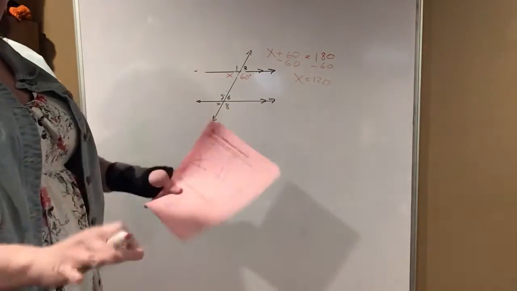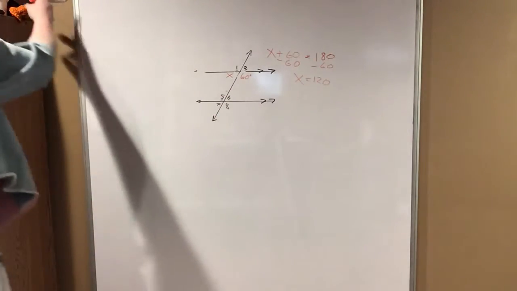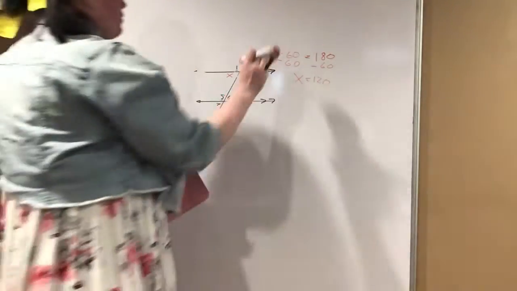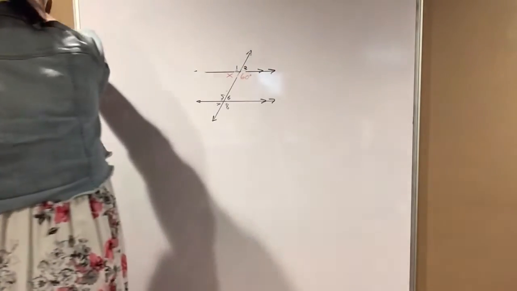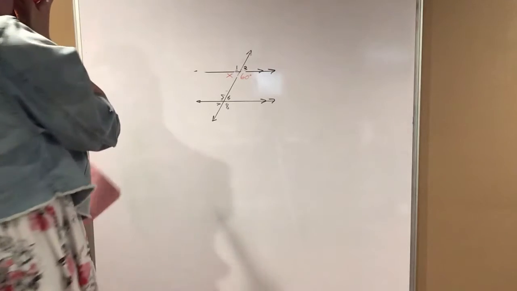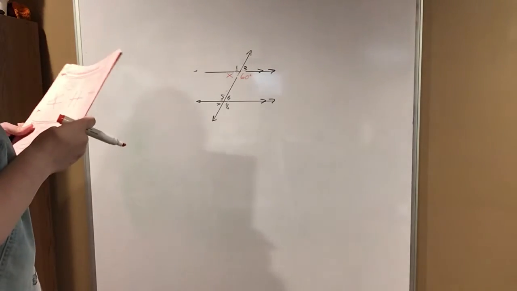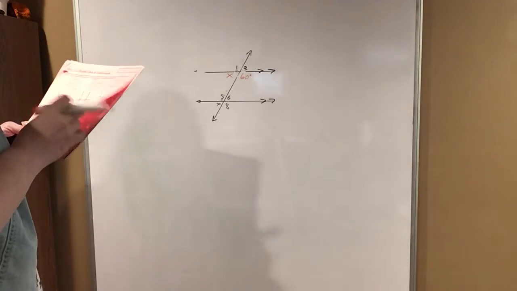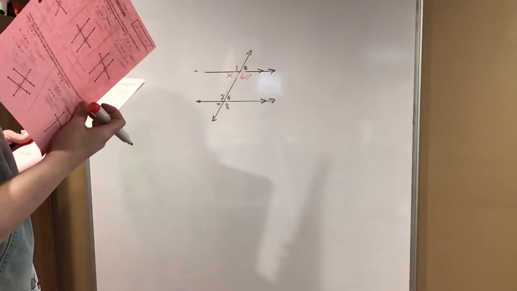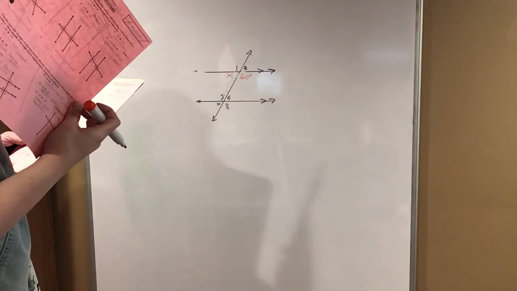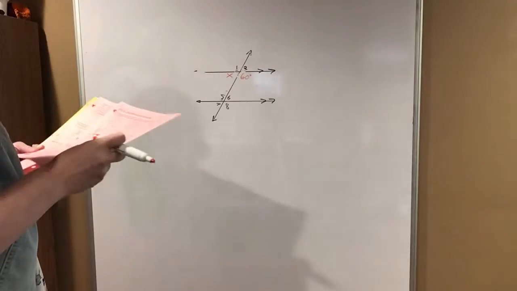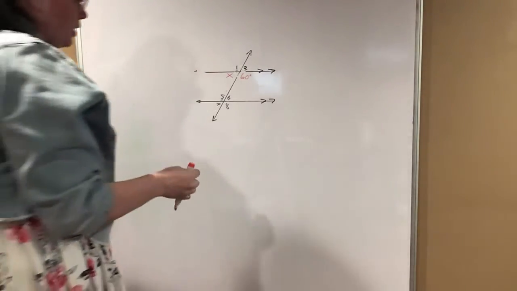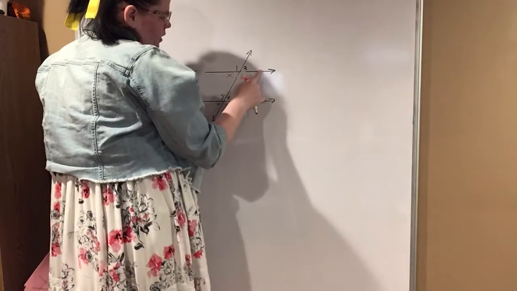It doesn't look like it on here, and that's fine because I don't want to keep drawing stuff. But let's say it's not a parallel line. Sometimes you're not going to be able to figure things out. If it's not parallel, it just won't have these two lines.